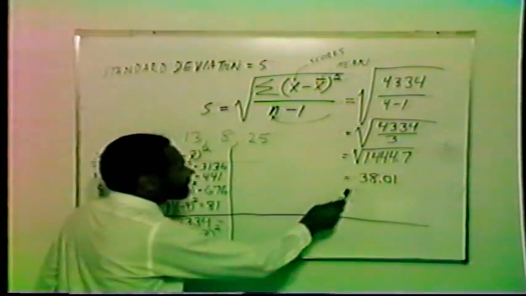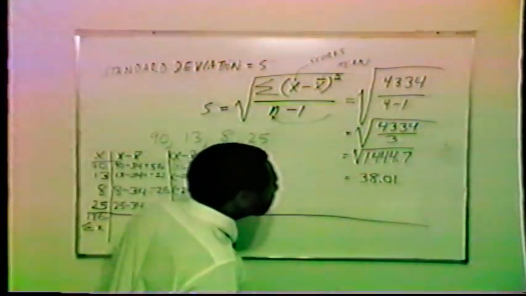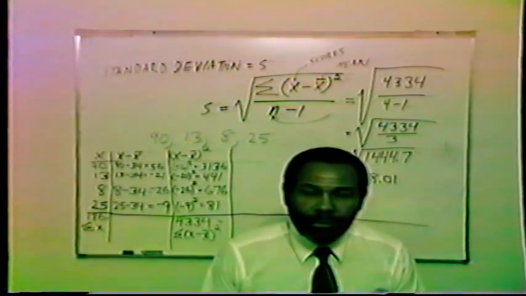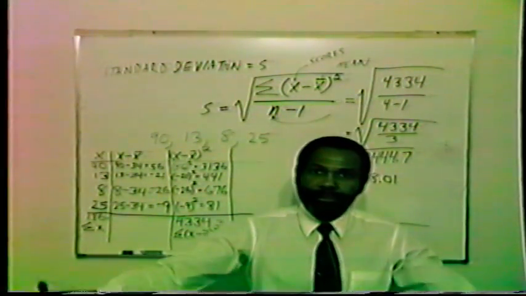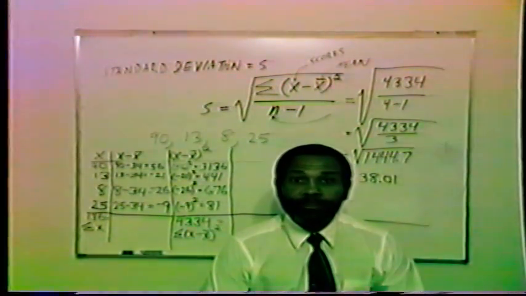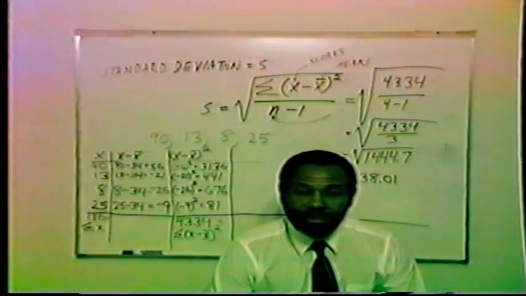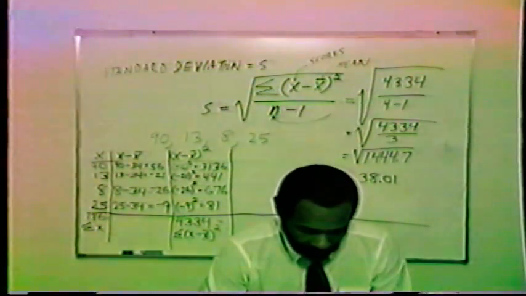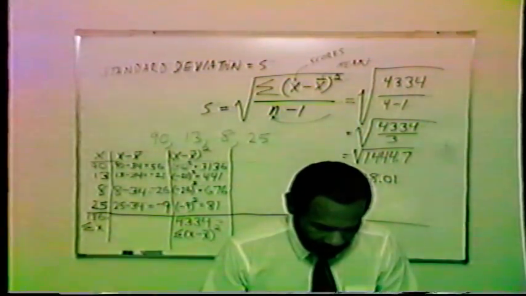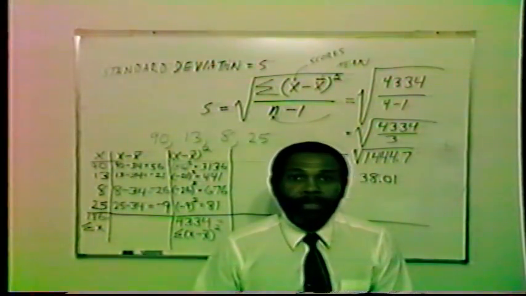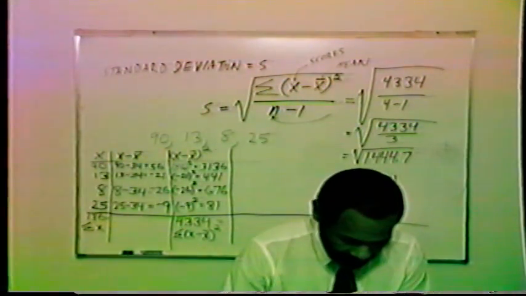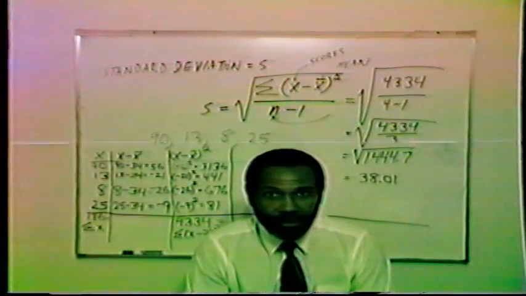So once again, this represents the standard deviation. So you can talk about this data set to a person in Chicago or California or New York or what have you, based on the standard deviation. You say that the standard deviation for this chain of manufacturing businesses is 38.01 as far as absences is concerned.